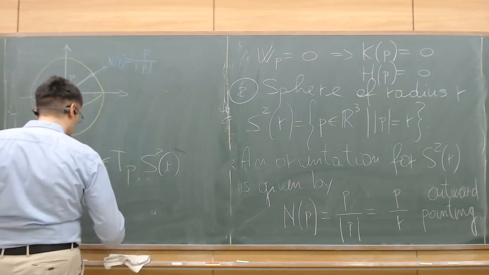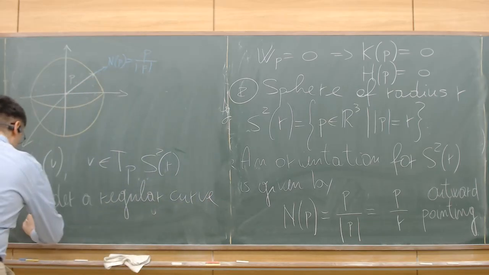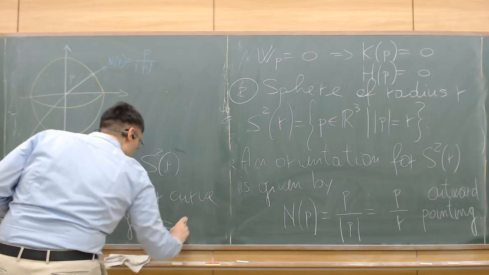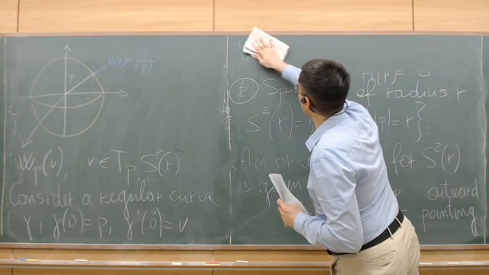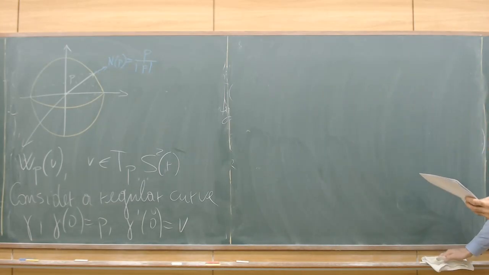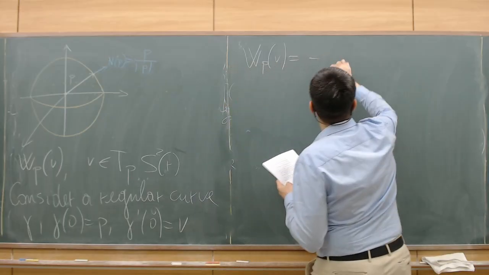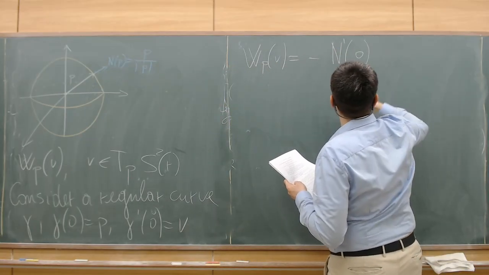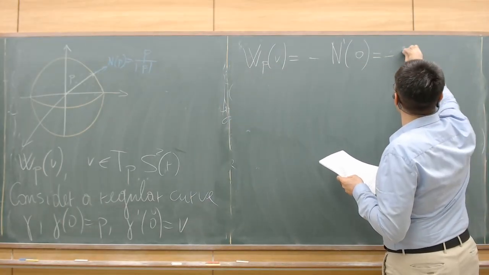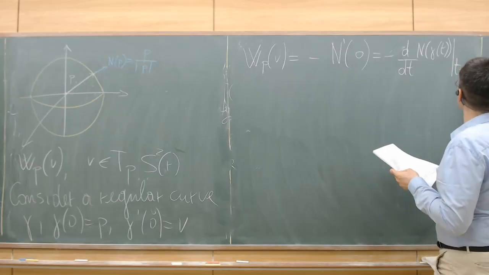So let me write a regular curve such that gamma 0 is P, gamma prime 0 is equal to V. Then WPV is minus n prime 0, that is minus d/dt of n of gamma t at t equals 0.